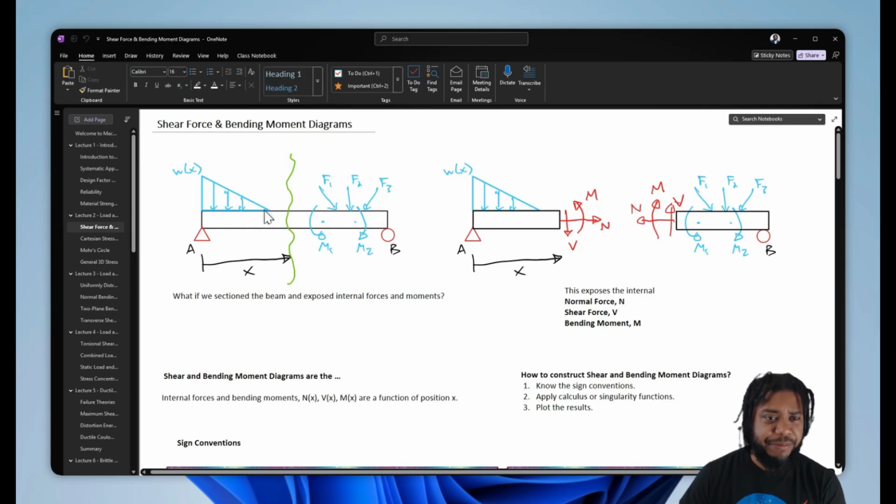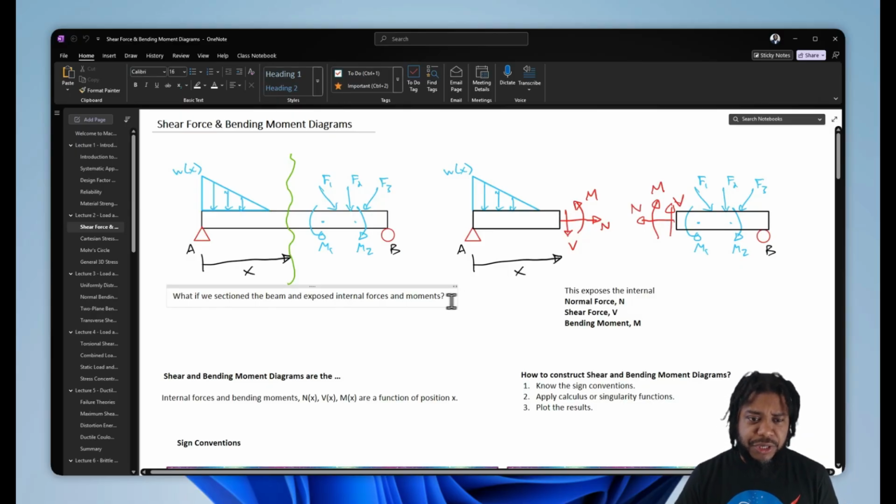If we were to take the beam and section it down its middle, we would expose internal normal forces, shear forces, and bending moments that are applied to that beam. If we were to take a series of sections, not just one, but many sections across this beam, we would find that the internal normal forces, shear forces, and bending moments change as we move along the geometry.